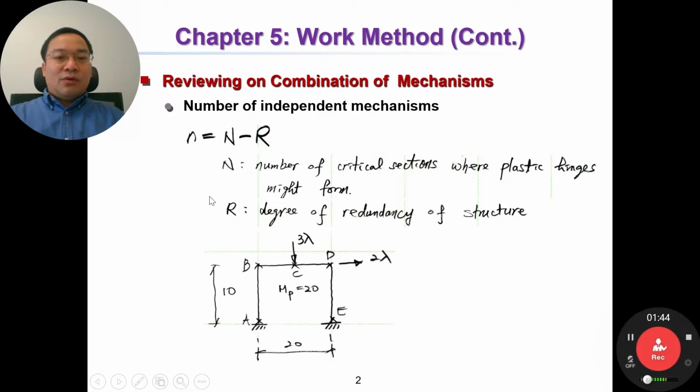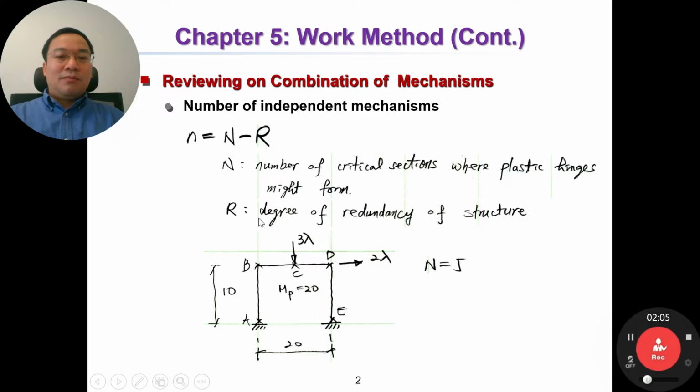For example, with this portal frame, N equal to 1, 2, 3, 4, 5. Then in this case, the number of critical sections is 5. How about r?